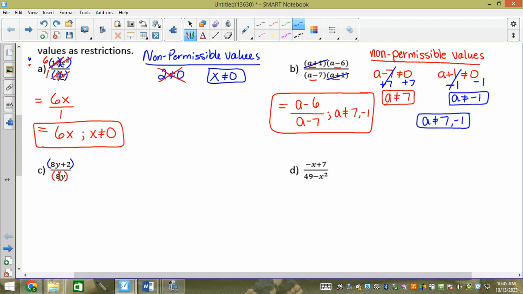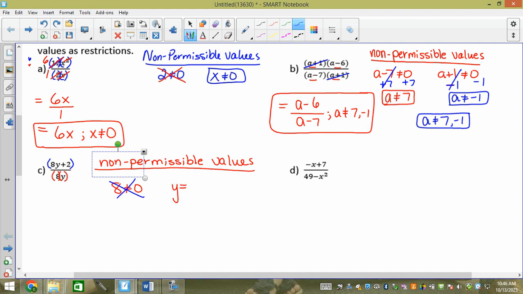Now, I have to state my non-permissible values first. So I have 8 can't equal 0. Is that a non-permissible value or a true statement? True statement, so I can cross it off. Then I have y can't equal 0.